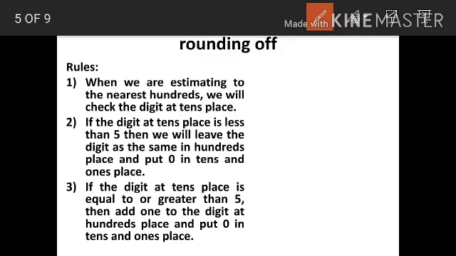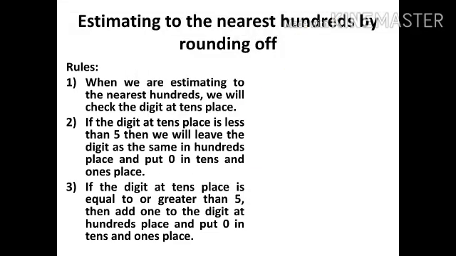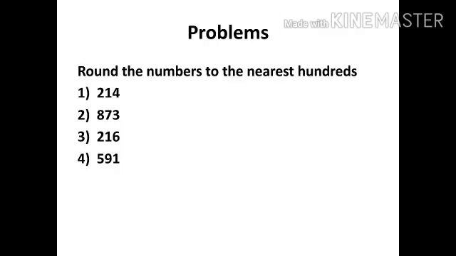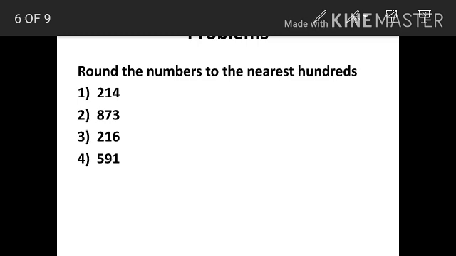Now, let's do certain examples. Here is a set of problems which we will do now. So, first question is 214. When we check the digit at tens place, we know that it is 1.